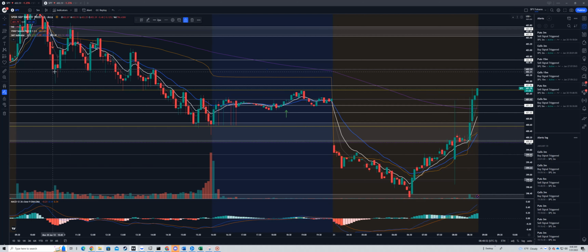So this level, you can see we rejected twice here, rejected there, rejected there. We found support on this line four times, and then you can see that we went a little bit below it and then shot back up. So I like that level, and I'm going to keep that.